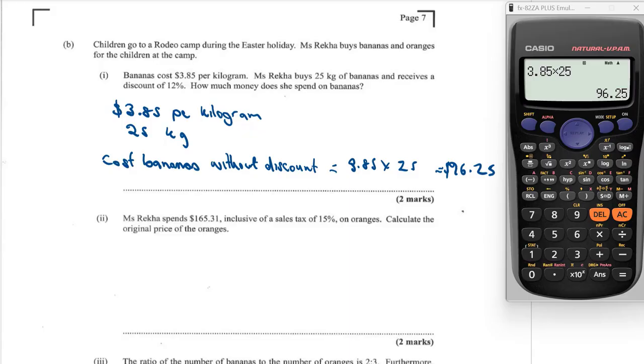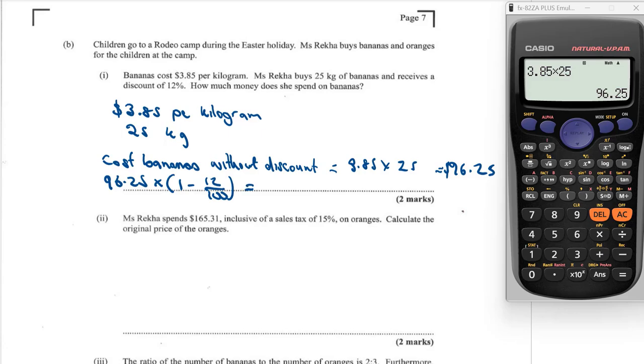And the easiest way to factor in the discount is saying we're going to say 96.25 times 1 minus 12 over 100, and that will give us the actual price.